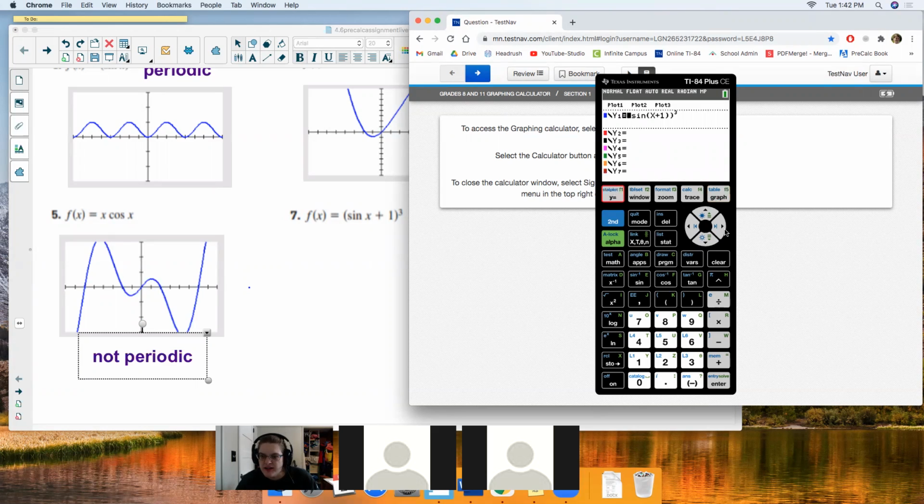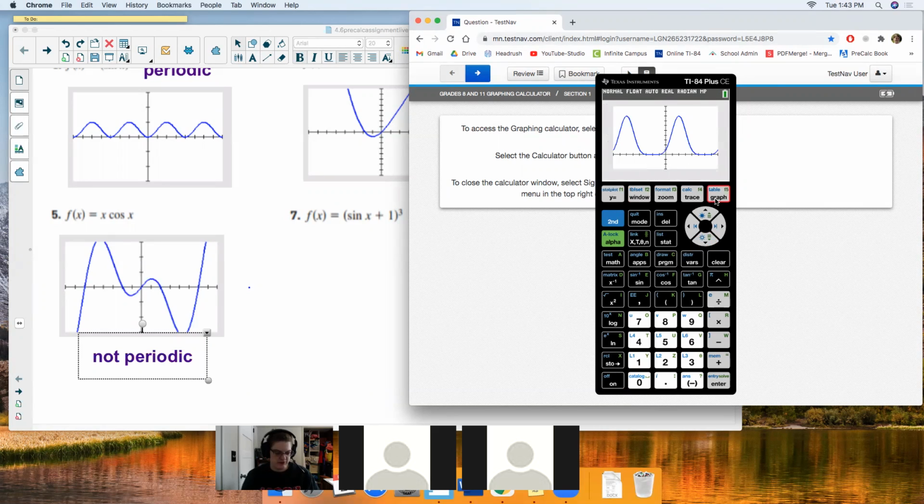What if we changed it, like I was saying, to a parenthesis here? That one ends up being periodic anyway, so it's all good. I'm going to go up farther, though.